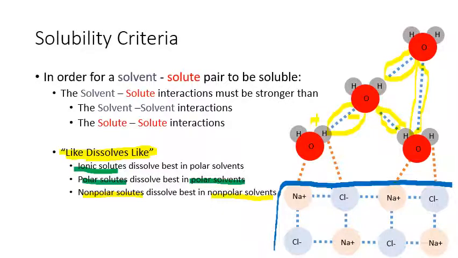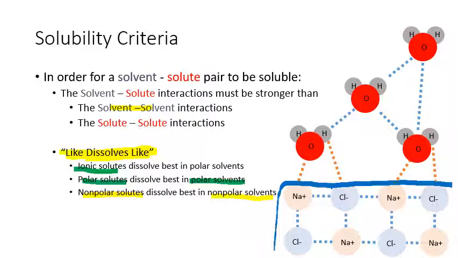So this interaction is pretty strong in the solvent, in the water, and it's pretty strong in the solute down here in the salt. So to overcome this interaction and get something to go into solution, we need to get the solvent interactions, the interactions between the different water molecules. We have to overcome those interactions between the water molecules.